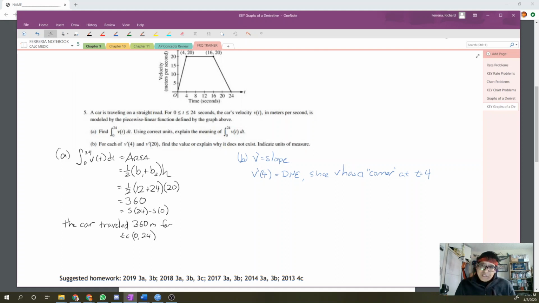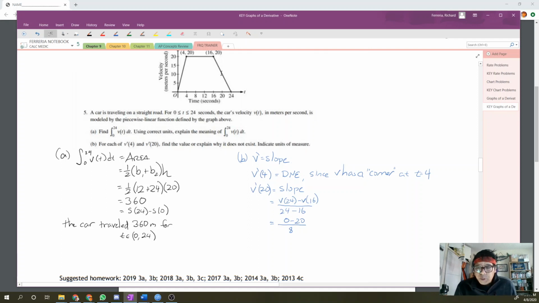Now that's not what's going to happen at t equals 20. You'll notice at t equals 20, right about here, we are at a nice smooth part of the graph. So we can find v prime of 20. V prime of 20 is just going to be the slope right here at t equals 20. And how do you find slope?